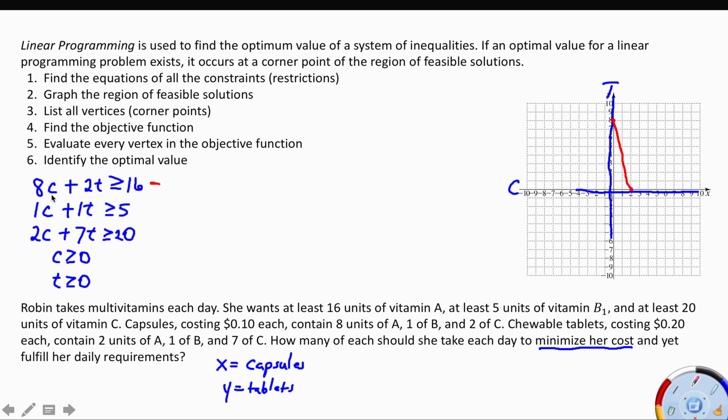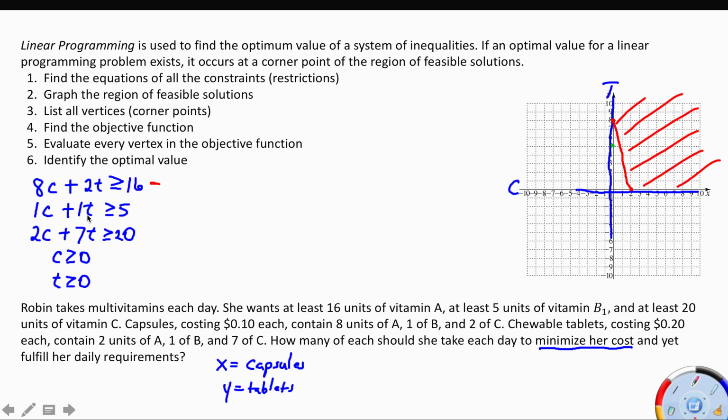Okay, if I try 0, 0, is 0 greater than 16? No, so I'm shading this side, right? This side. Okay, for this one, if C is 0, T has to be 5.